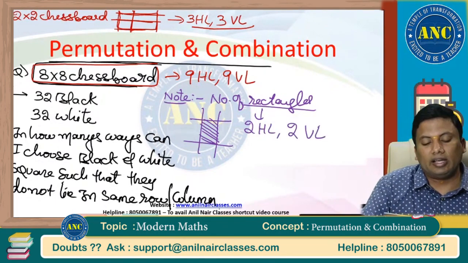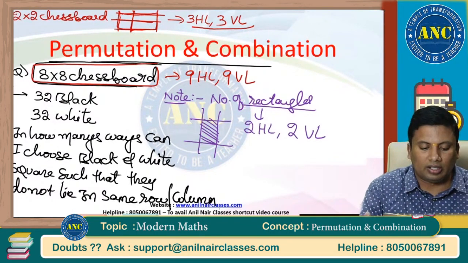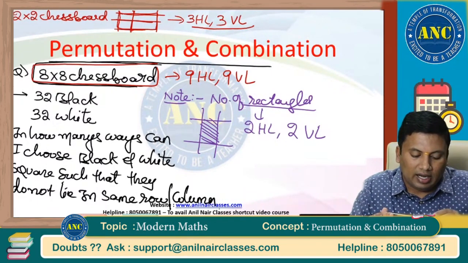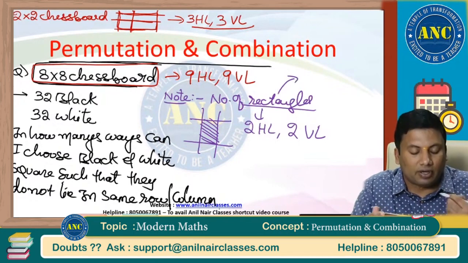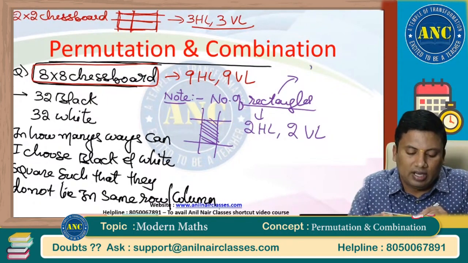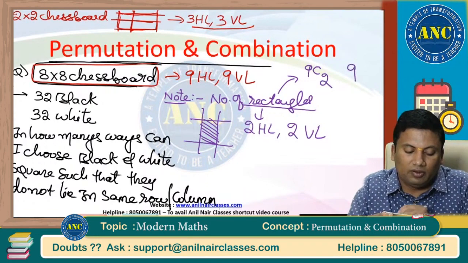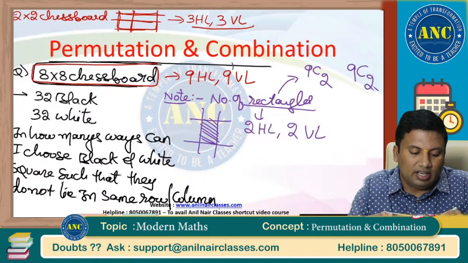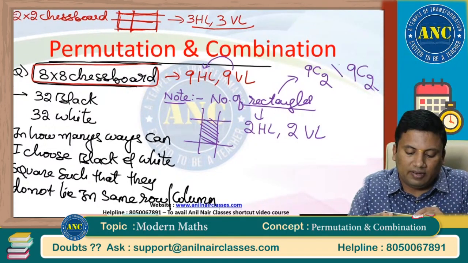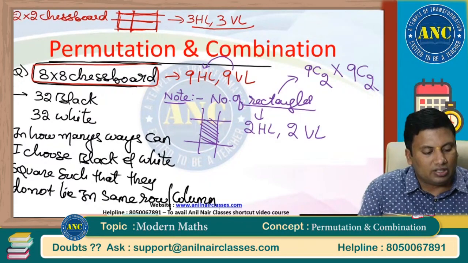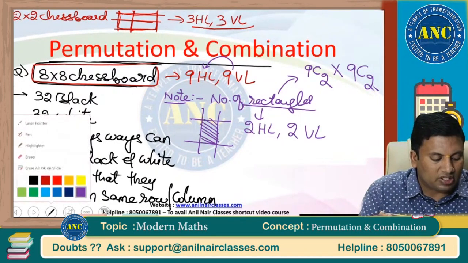So, in an 8 into 8 chessboard, there are 9 horizontal lines. If the question is the number of rectangles, I need to select any 2 horizontal lines out of 9, and any 2 vertical lines out of 9. This event is happening after this event. So, it is 9C2 into 9C2.